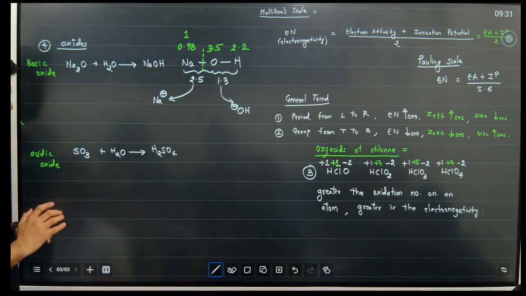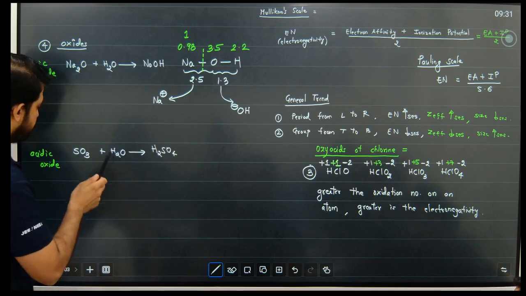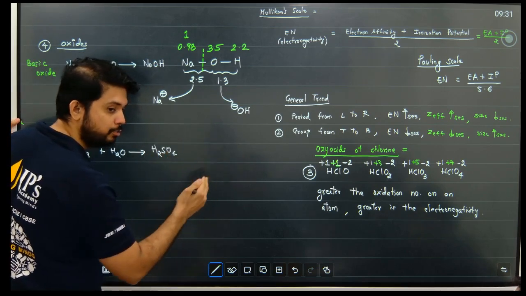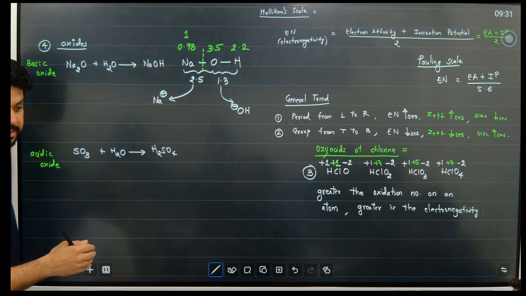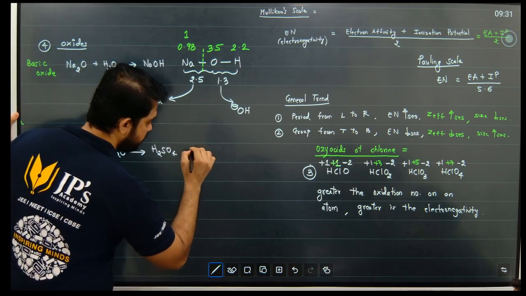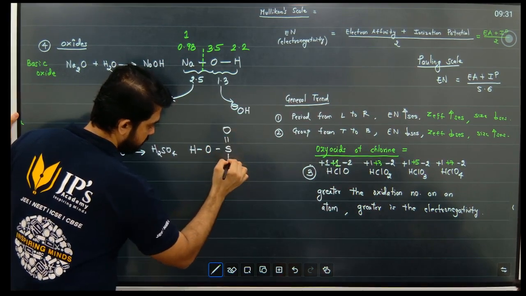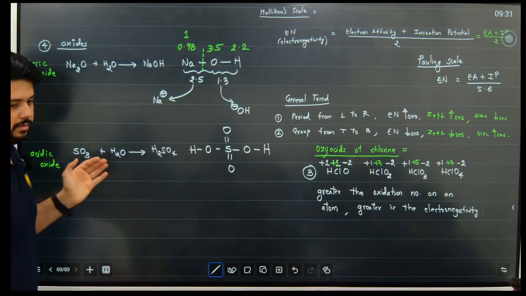Let's take the second example. यहाँ पे हमारे पास क्या है people? H2SO4. H2SO4 लेंगे और एक और example ले लेंगे, एक acid का भी example ले लेंगे. We know that H2SO4 produces H plus. Why doesn't H2SO4 produce OH minus? H2SO4 का if I see the structure, this is H2SO4.